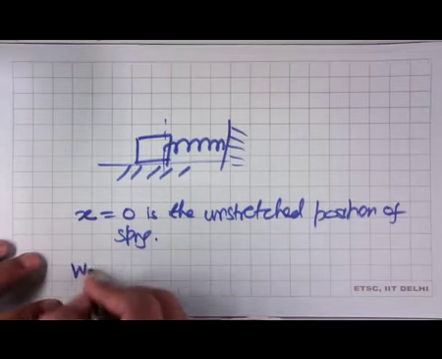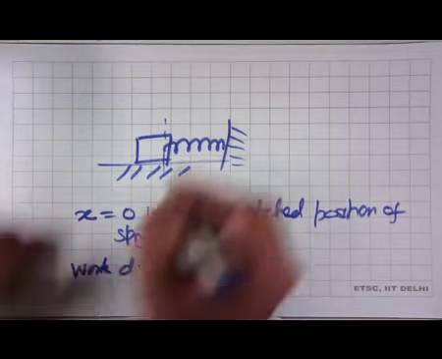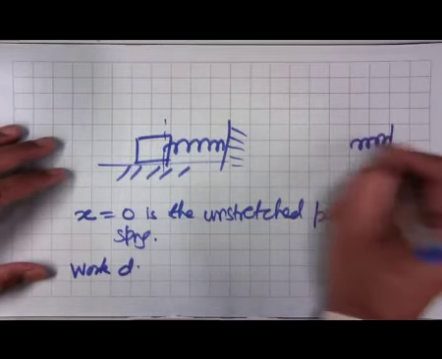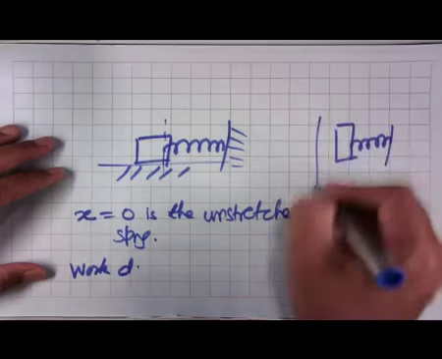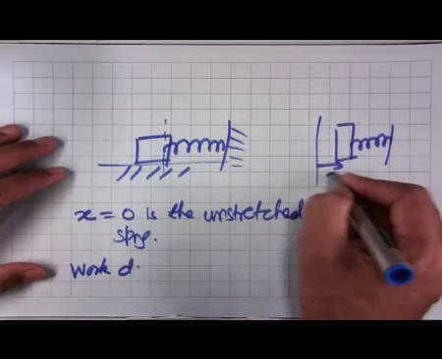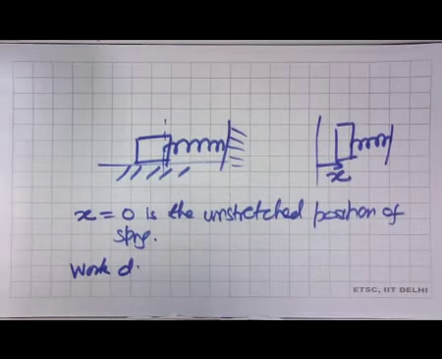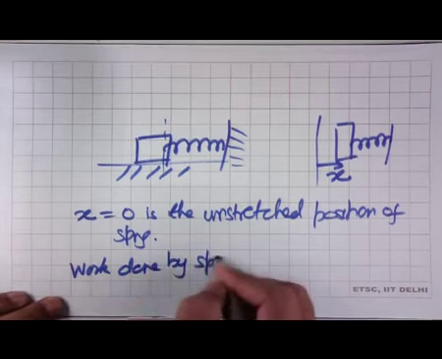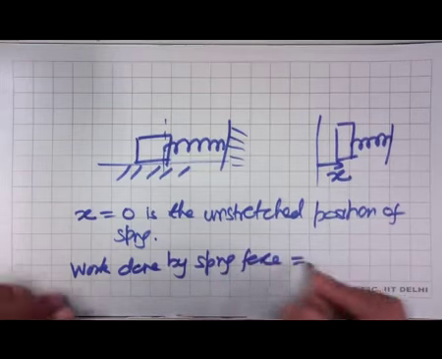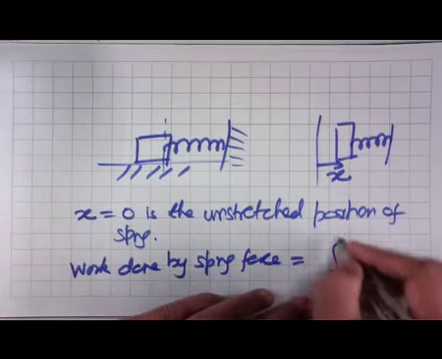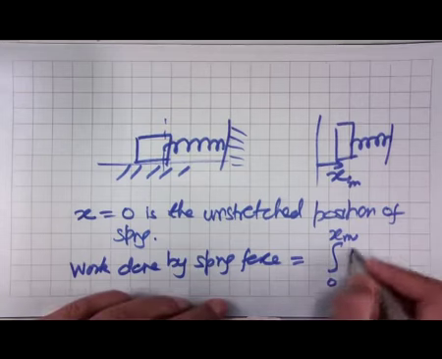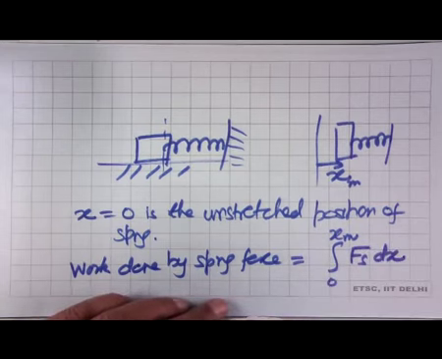Now if the spring is compressed by distance x, then the work done by the spring force will be the integral from 0 to the current position, let us call it xm, of Fs dx.